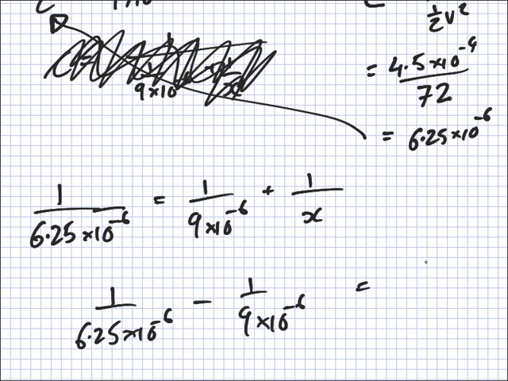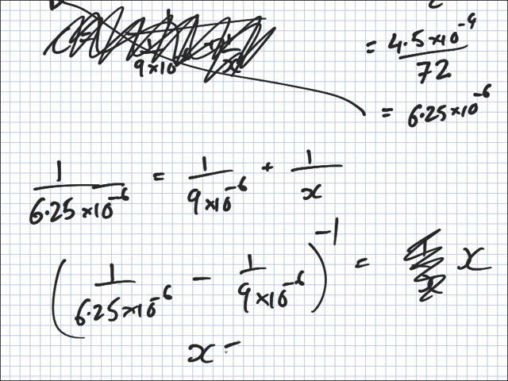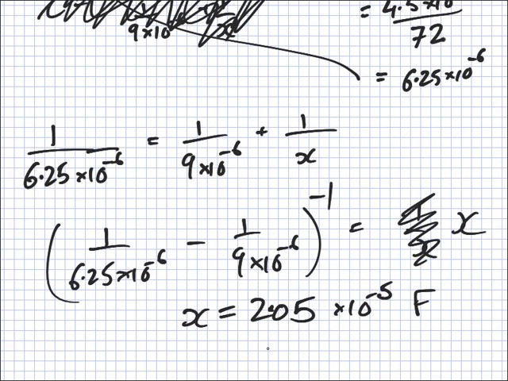That gives me 1 over X. But if I flip, I can get the X. So it should be 2.05 times 10 to the minus 5 farads. So that is 20.5 microfarads.